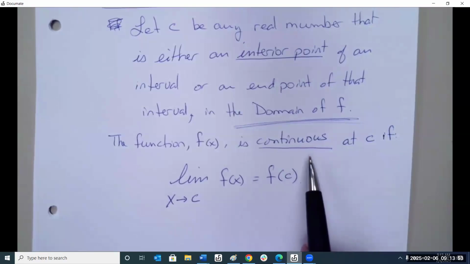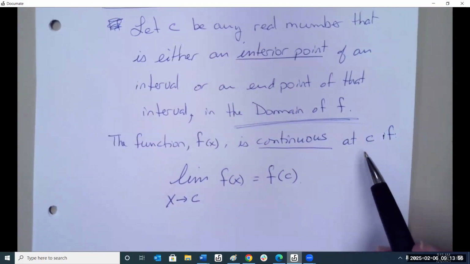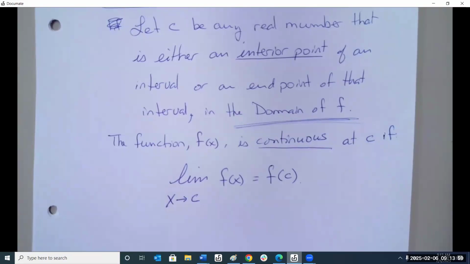The function is continuous if the function is defined at that value c.